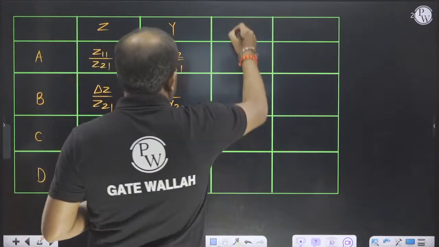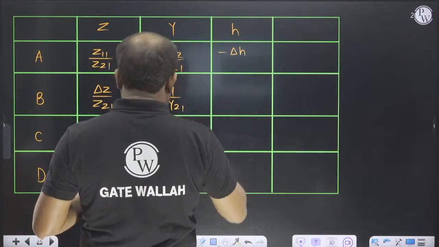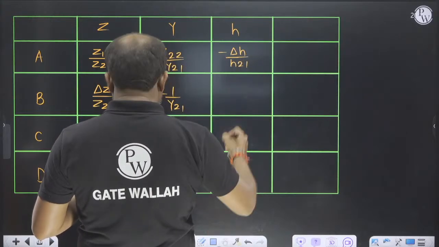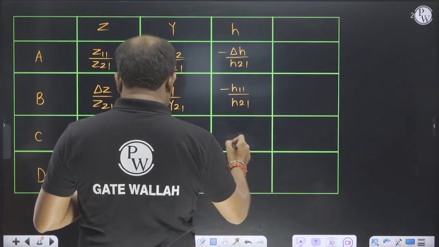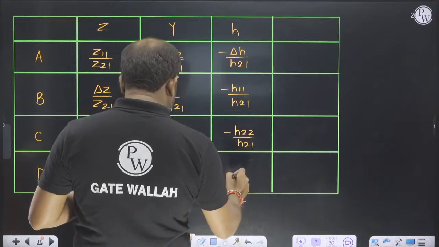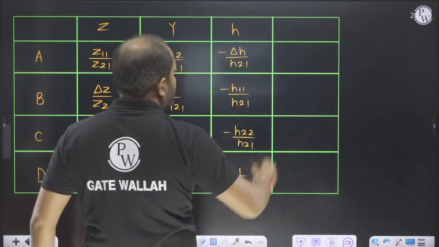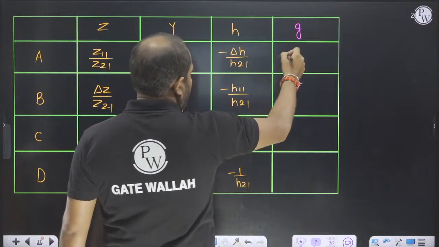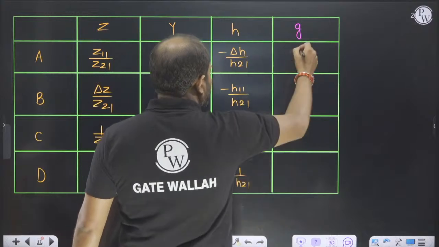And in terms of H, it will be delta H upon H21, H11 upon H21, minus H22 upon H21, and minus 1 by H21. In terms of the G parameter, G is the inverse, so delta H upon H21, minus 1 by G21, 1 by G21.